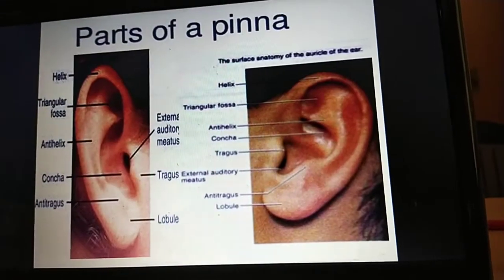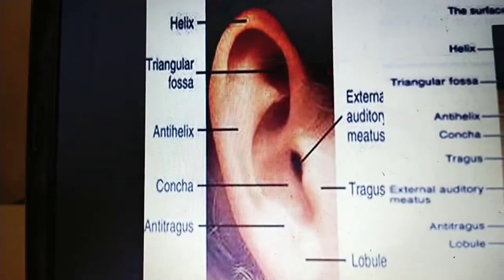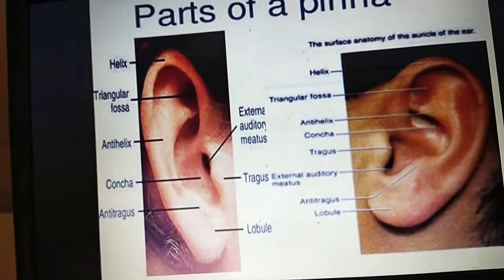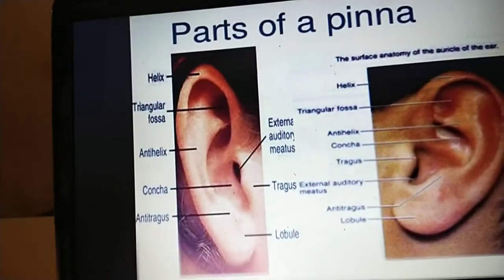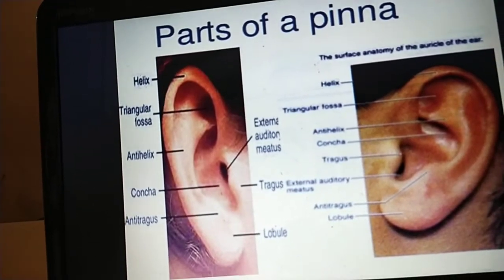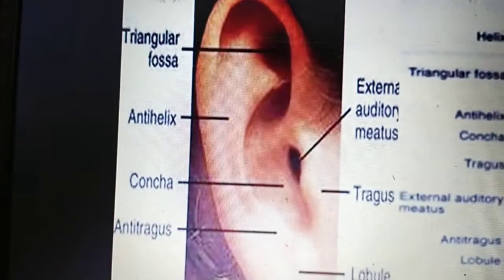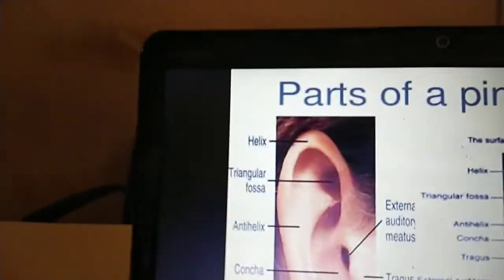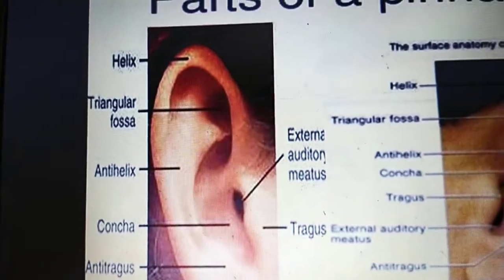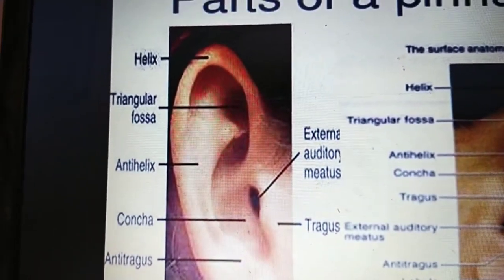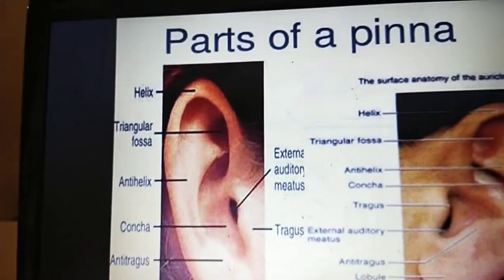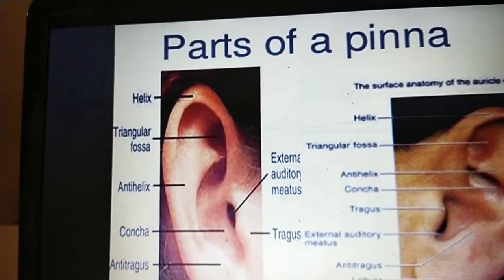You can see these are the parts of the external ear: the helix, antihelix, triangular fossa, concha, tragus, antitragus and lobule, along with the external auditory meatus.